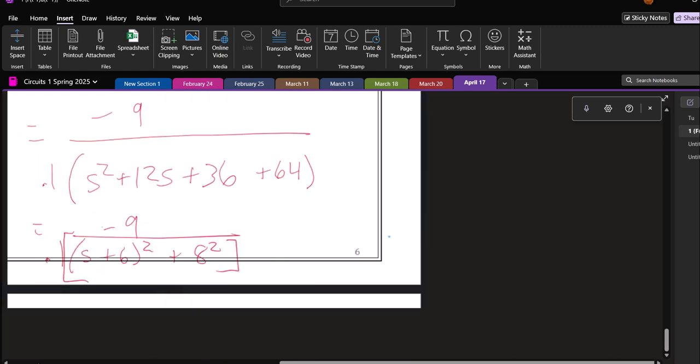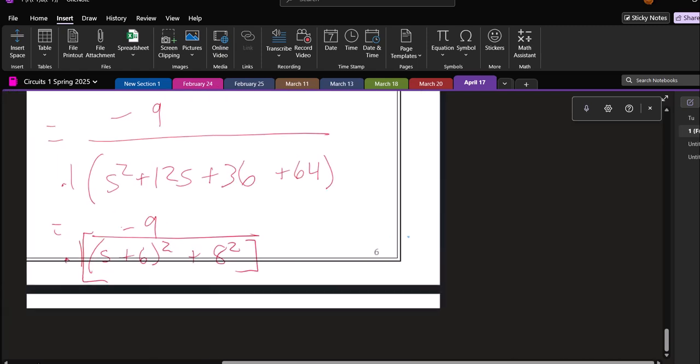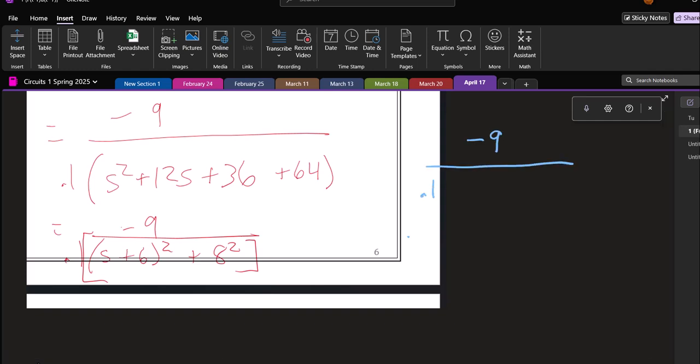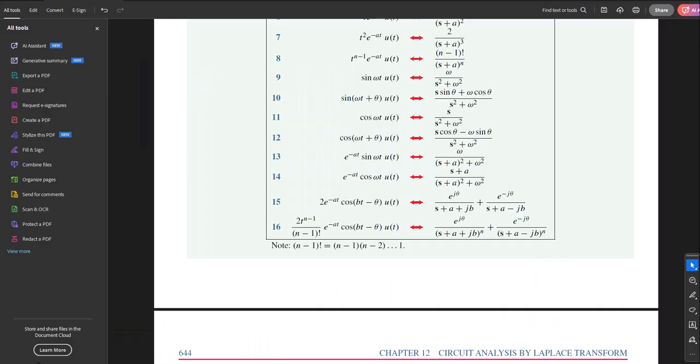Our computer's awesome. Okay, so now I have minus 9 over 0.1 times s plus 6 squared plus 8 squared. And in my Laplace transform table, when I have in the denominator s plus a squared plus omega squared, and in the top I don't have an s, I need the omega to be on top as well.